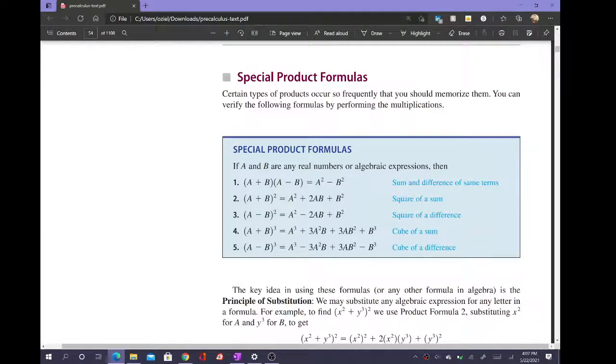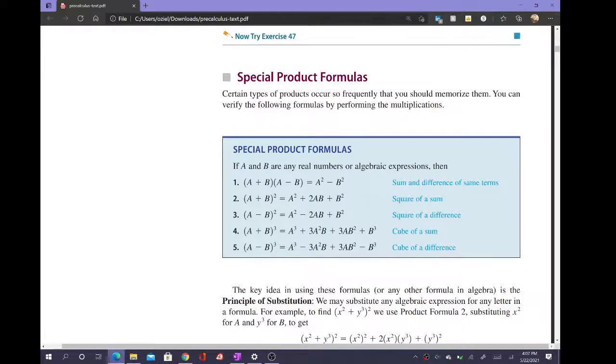The second one is called the square of a sum of two terms, so a plus b quantity squared. And then the third one says a minus b quantity squared is a squared minus 2ab plus b squared. That's the square of a difference.